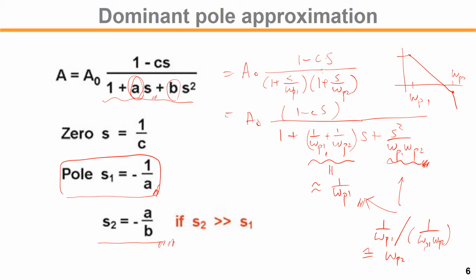This is called the dominant pole approximation method. When you have a complicated second order equation, you can easily find the poles and zero, even without solving the second order equation, and get the approximate value.